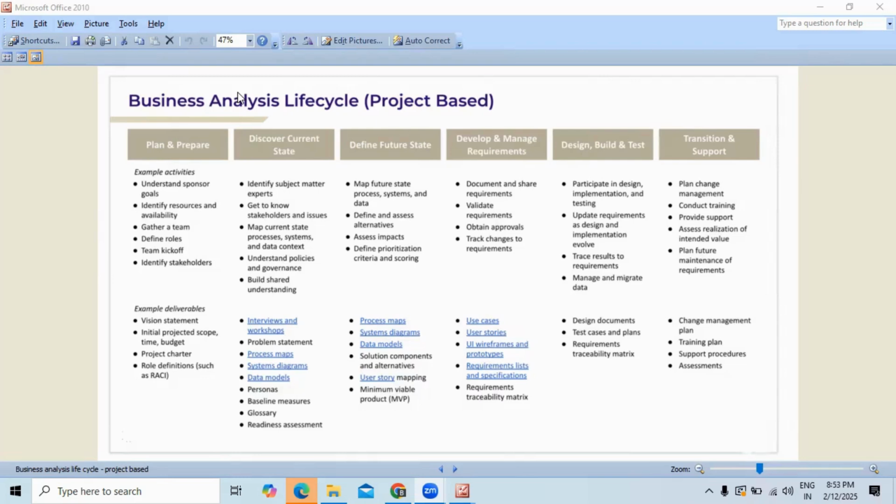As far as the business analysis life cycle is concerned, the role of a BA is normally focused more on the planning and preparing phase. In this phase, we focus on understanding the sponsor goals, identifying the resource availabilities, gathering the team, and defining the roles. Everything has to be done by a business analyst.